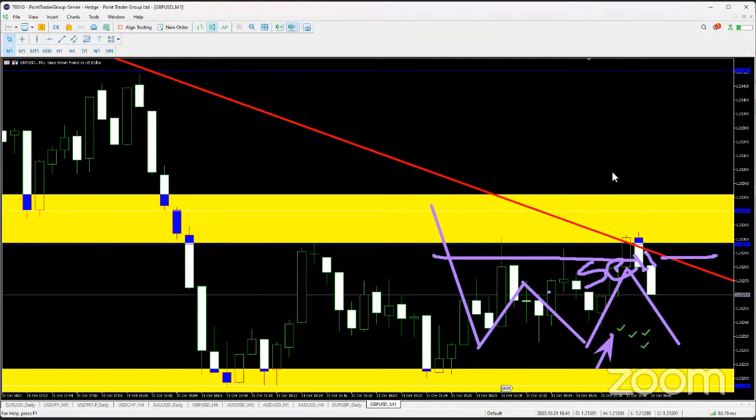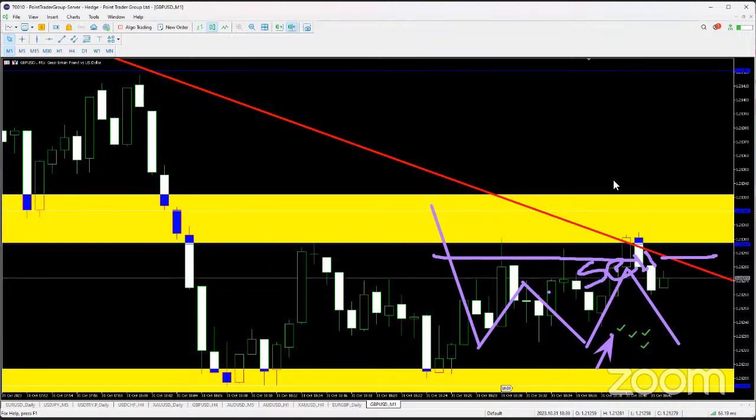If the pair closes above this level, or if it does reach this area, we might change our mind and close the position. Okay, Mr. Rami, I hope that.